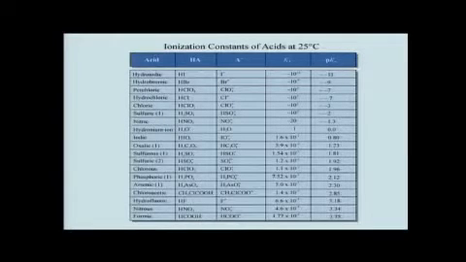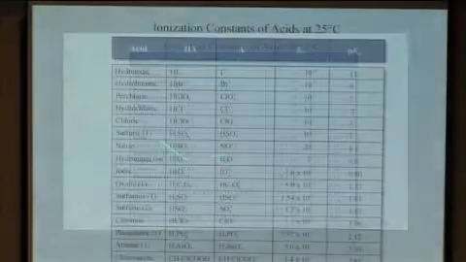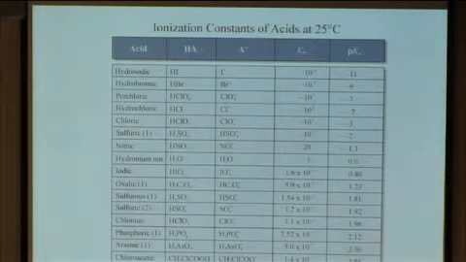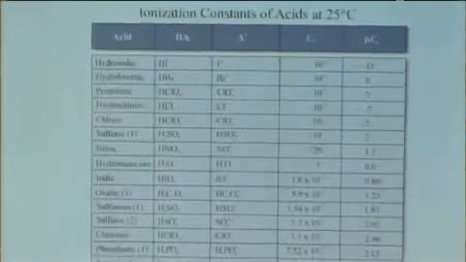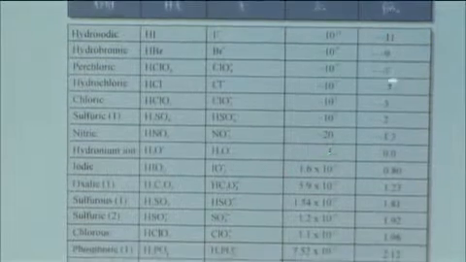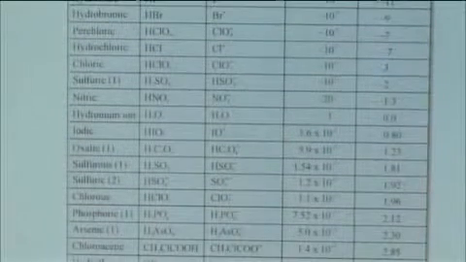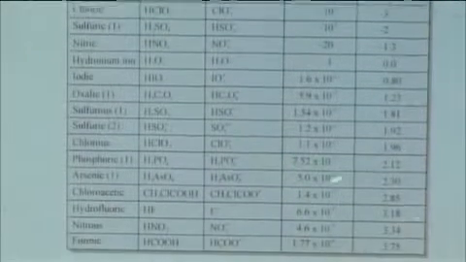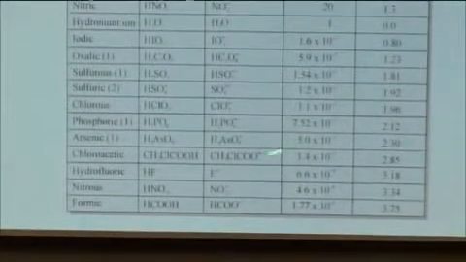And so we'll just finish up with this slide. Up here we have some very strong acids. These Kas are much greater than 1, and you have extremely low values for pKa. A strong acid has a Ka greater than 1, so these are all strong. And then weak acids are less than 1. Down here you'd have small numbers for Ka.